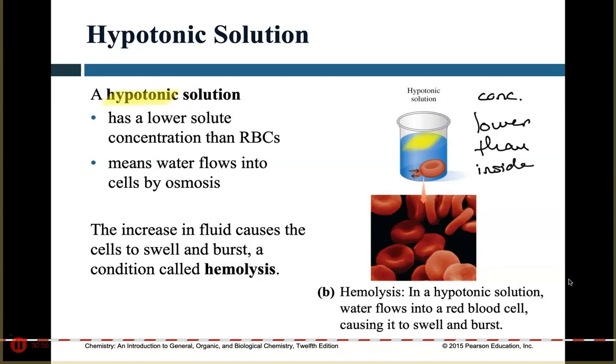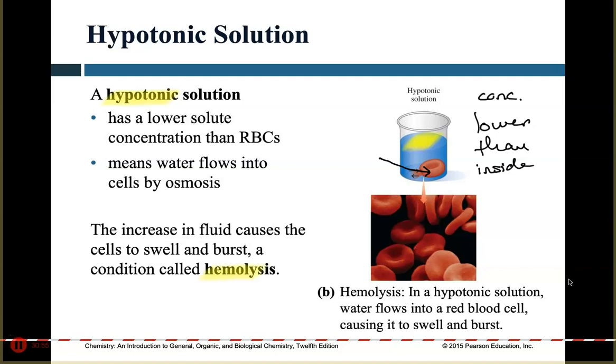Because the outside concentration is lower, water is going to try to dilute the molecules inside the red blood cell. So water is going to force itself inside the red blood cell to try and dilute the inside. What this will cause is hemolysis.